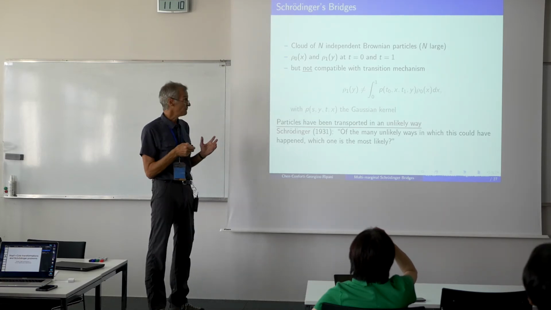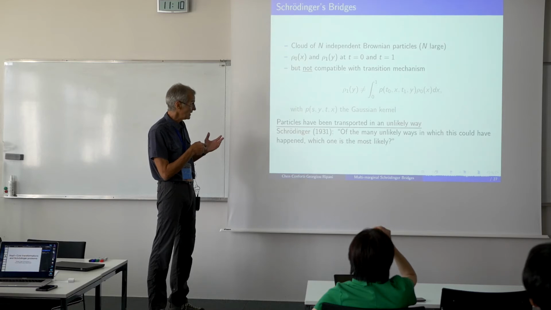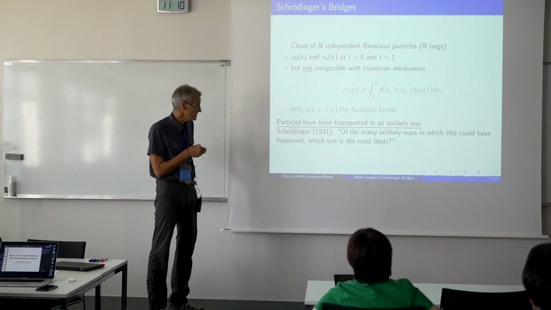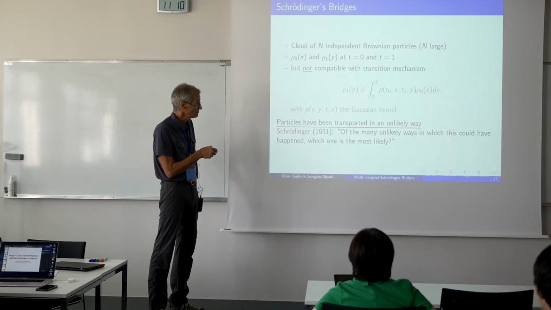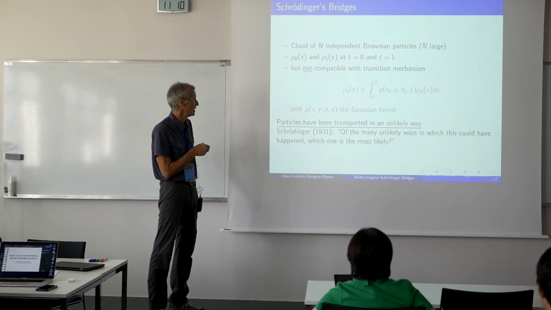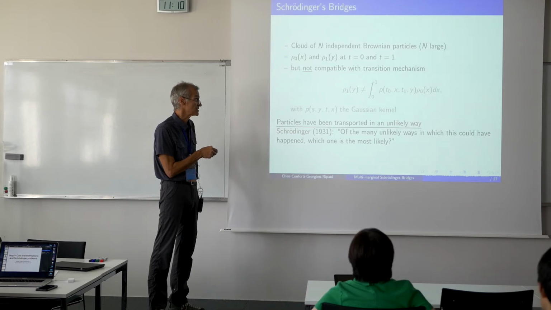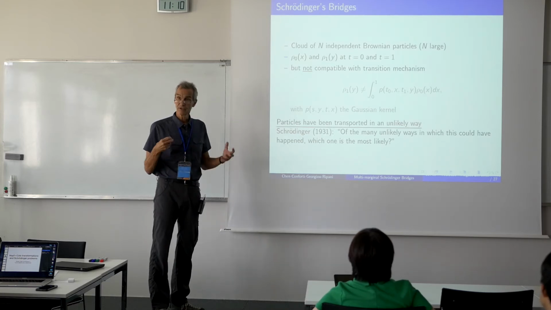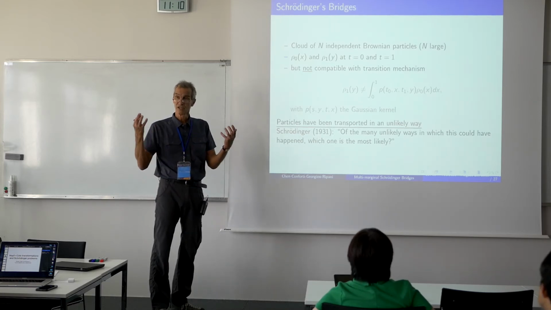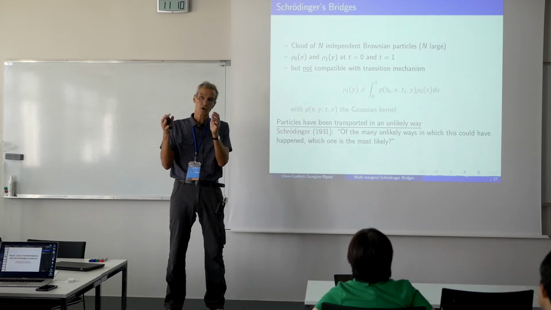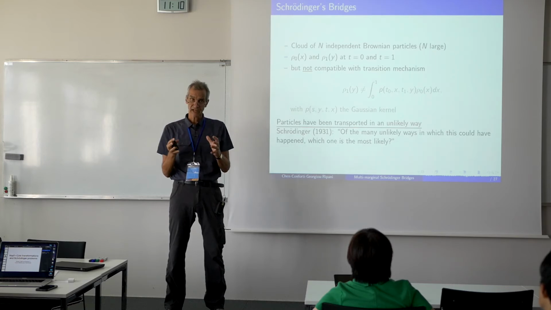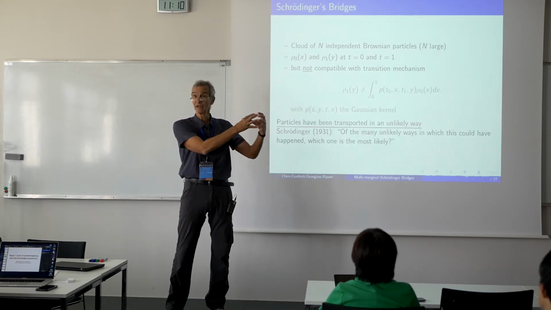So he conceived of the following basic problem. He said, suppose I give you, in this simplest setting, a cloud of Brownian particles. These are the two marginals that we have, rho 0 and rho 1, at instants t0 and t1. You think of these as Brownian particles. For example, you have a box over here with, let's say, oxygen molecules, and I open it, and they're all here. 5 minutes later, I find them over here.